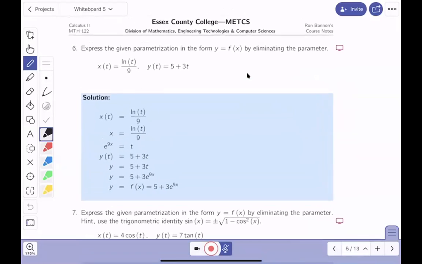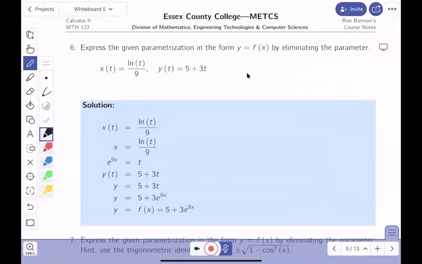Oh boy, they're getting more difficult. And what I'm going to do is I'll write this down for you. X is the natural log of t over 9. And y is 5 plus 3t. Well, I'm going to write it a little differently. I'm going to write down 9x equals the natural log of t.